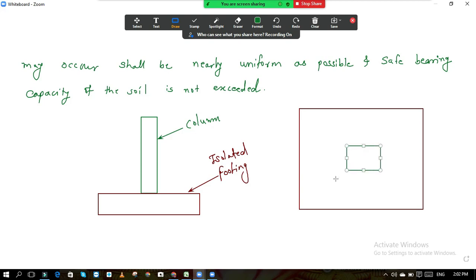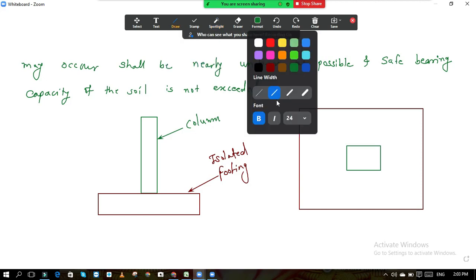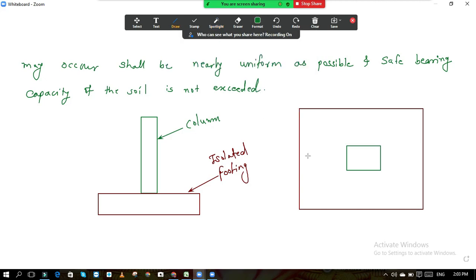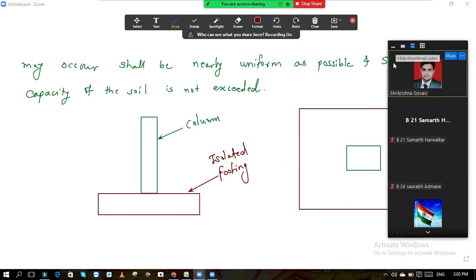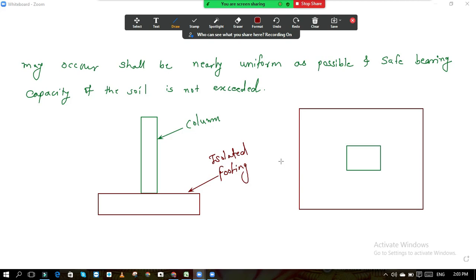Normally, the outside is the footing. If I draw the axes of the footing, this is the x-axis and this is the y-axis of the footing.